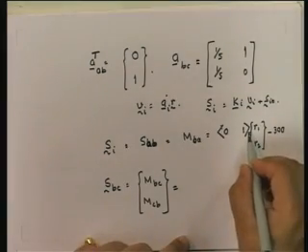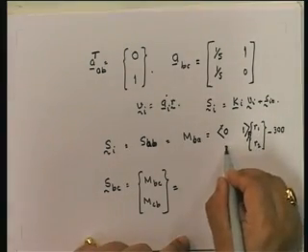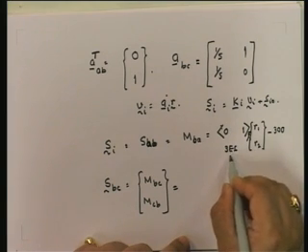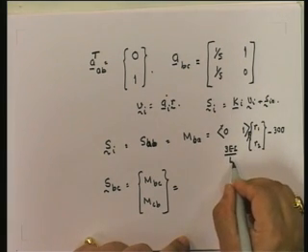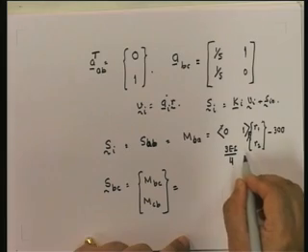In this particular case, K is equal to 3EI by L, and L in this case is 4.